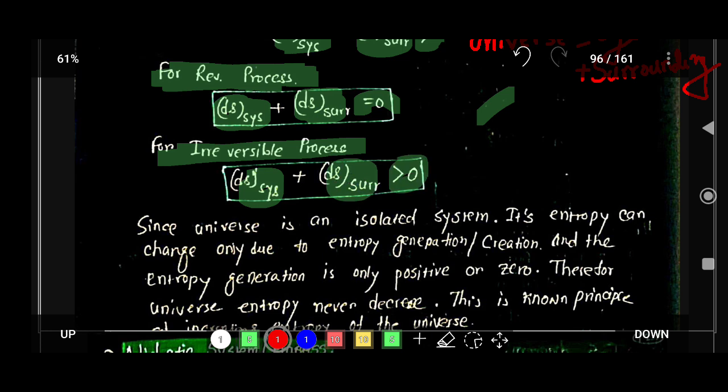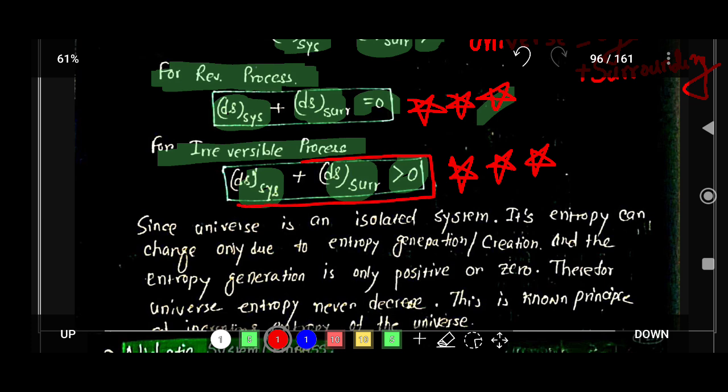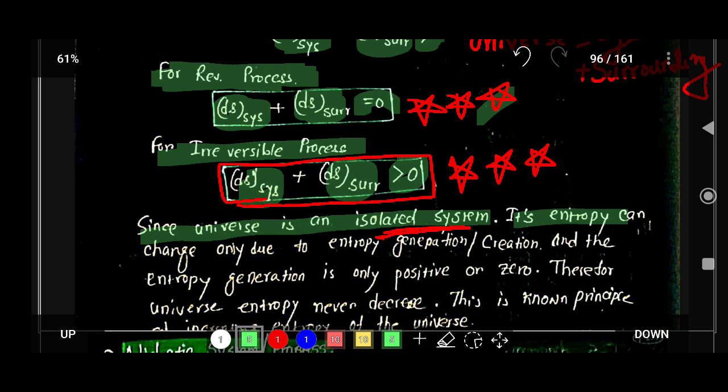So this is very important. Remember this: for a reversible process, dS system plus dS surrounding is equal to 0, and for an irreversible process, dS system plus dS surrounding is greater than 0. Okay, since the universe is an isolated system, its entropy can change only due to entropy generation or creation.